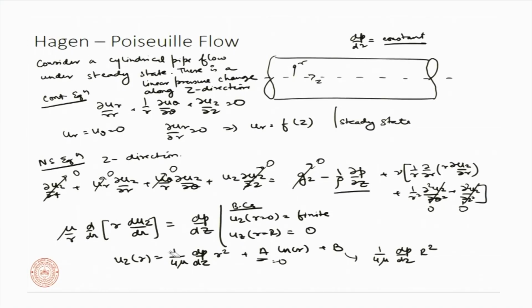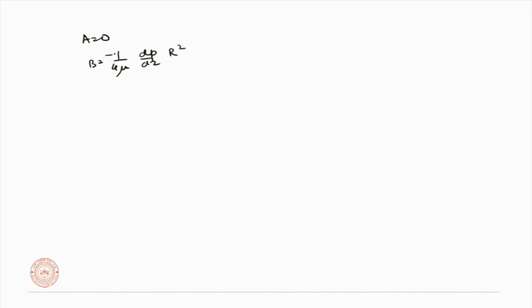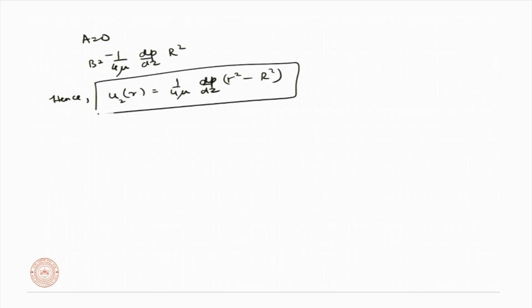This should be plus, this should be minus. Hence, our velocity profile u z of r will be equal to 1 by 4 mu dp by dz of small r square minus capital R square.